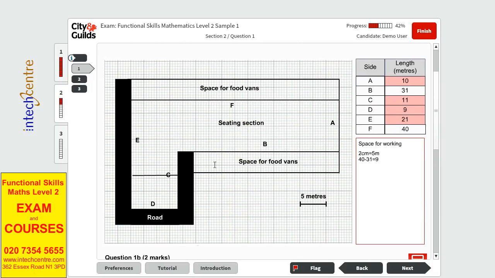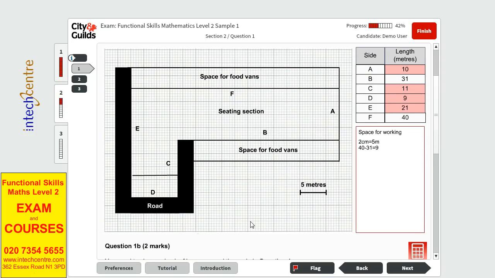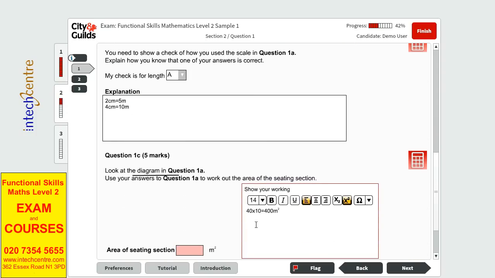Now if we go back up, we have to find out the area of C and D. So we have length times width, we have 11 times 9, 11 times 9 will give us 99.